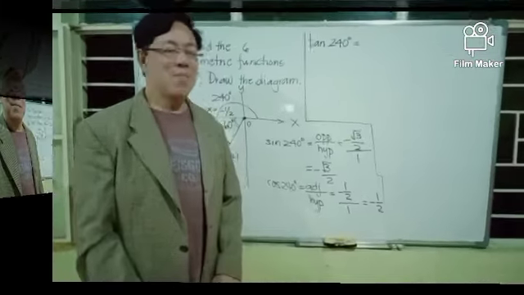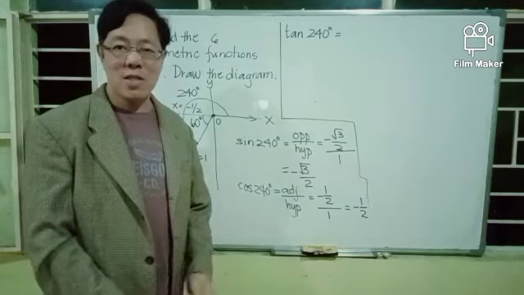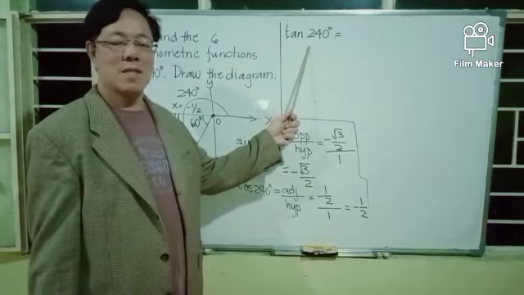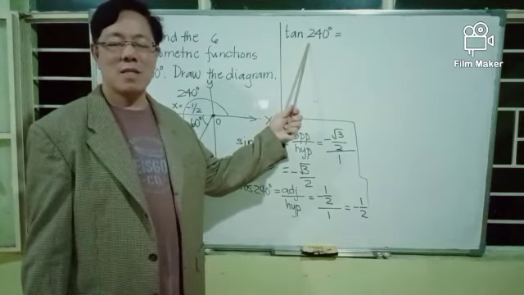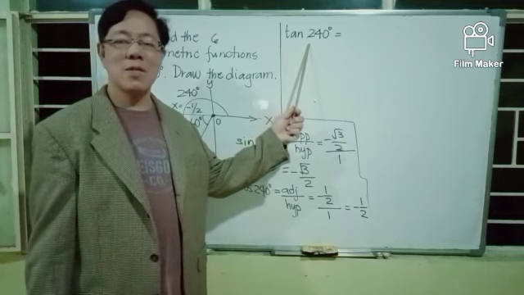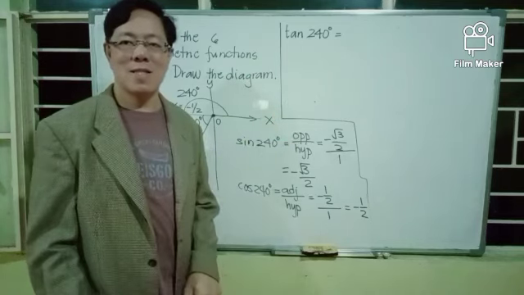Next, we find the tangent of 240 degrees. Tangent is defined as the ratio of the opposite side to the adjacent side.